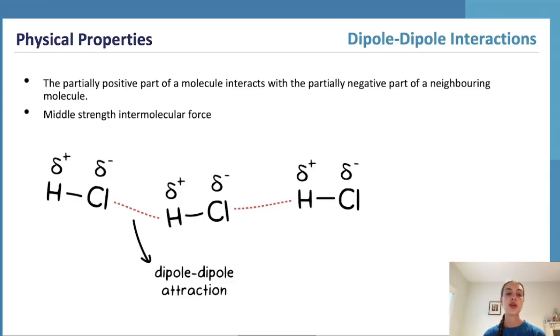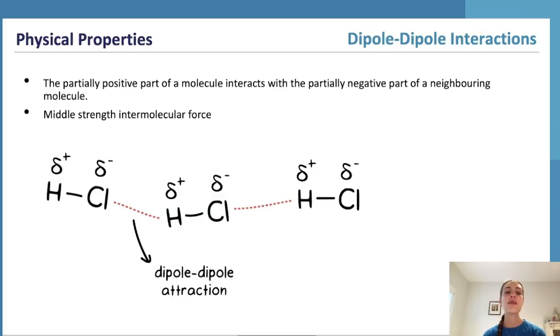This leaves the protons towards the hydrogen part of the hydrochloric acid molecule, making this have what's known as a temporary dipole, where one side of the molecule is temporarily negative and the other side is temporarily positive. And so this means that the hydrogens from the hydrochloric acid molecule are attracted to the chlorines of neighboring hydrochloric acid molecules, forming the dipole-dipole interaction force.